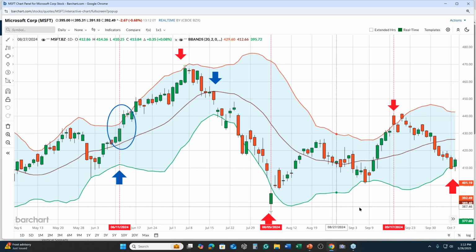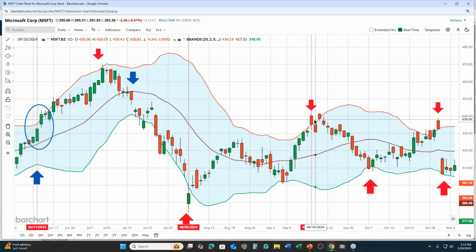Now again, you can see it here where we have a whole candle outside. The bands aren't as wide as they were here, but we did see when price returns inside, there's a higher propensity for it to return to the mean.